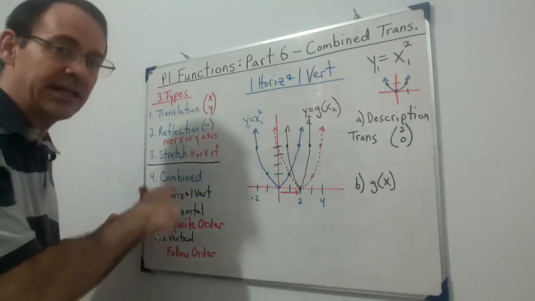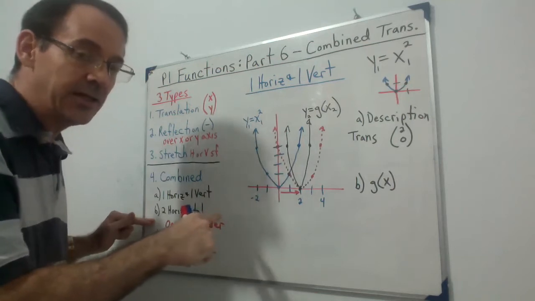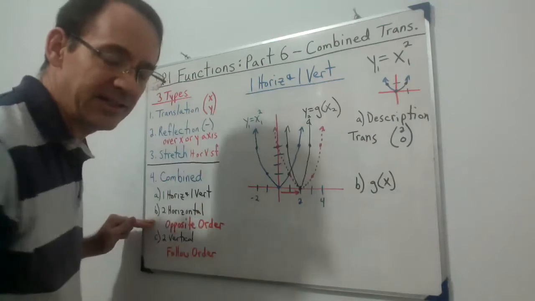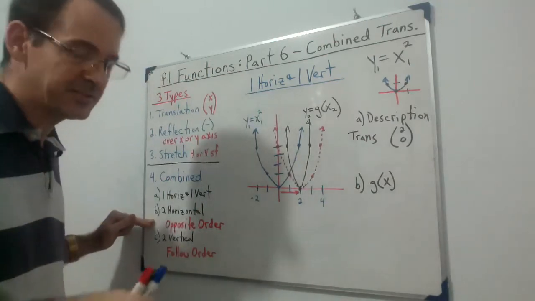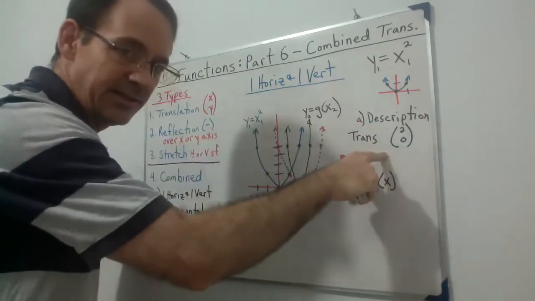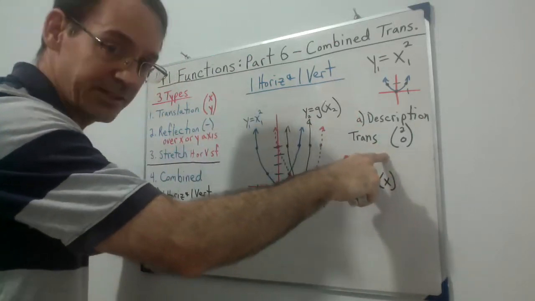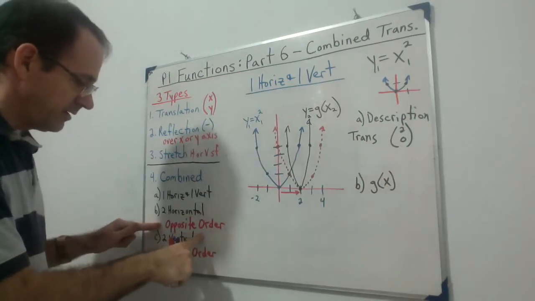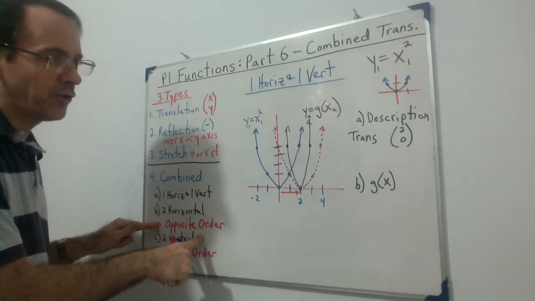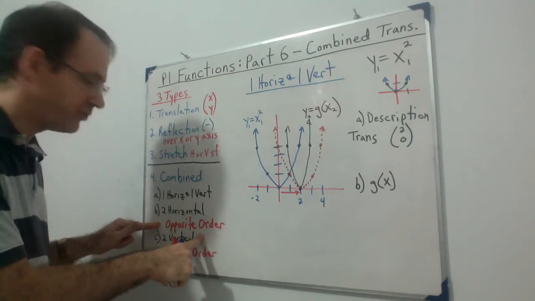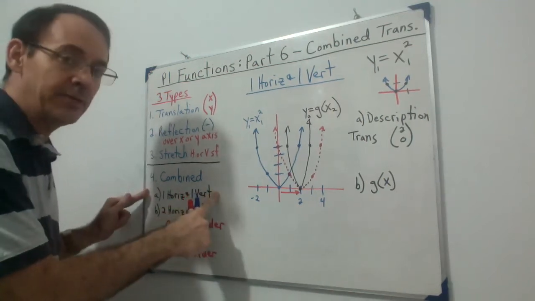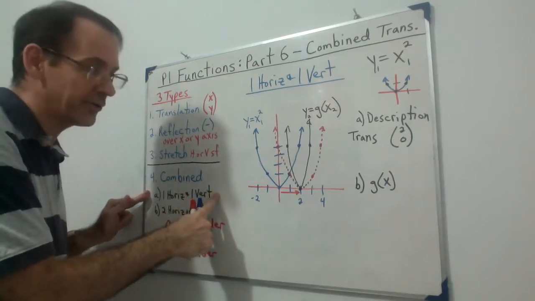They answered it as a 2 horizontal, but for one of their options, they did the scale factor before they did the translation, which is not the opposite order. So we actually don't have to do this as a 2 horizontal transformation. It can be a 1 horizontal and 1 vertical.